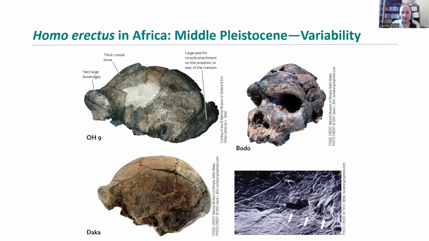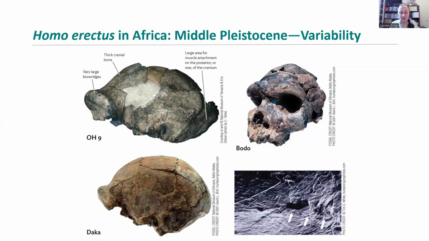Now, there's a lot of variability among Homo erectus, both in Africa and beyond. And remember, sometimes African Homo erectus is referred to as Homo ergaster. So as you're looking at these images, on the top left is a fossil from Olduvai Gorge that dates to about 1.2 million years ago.